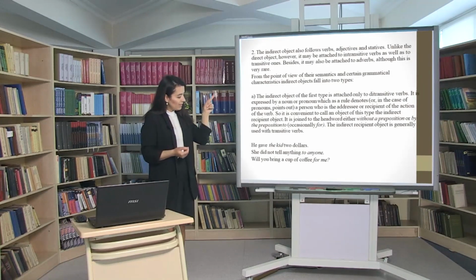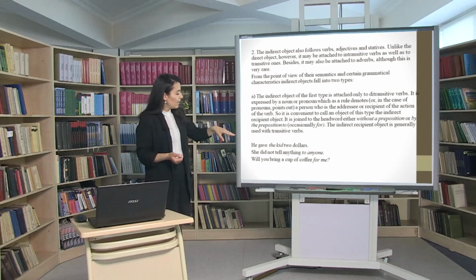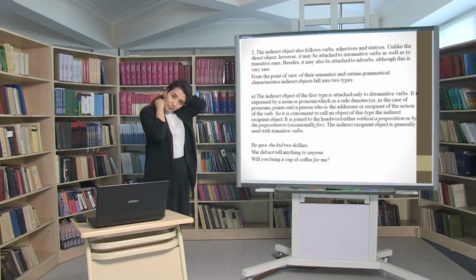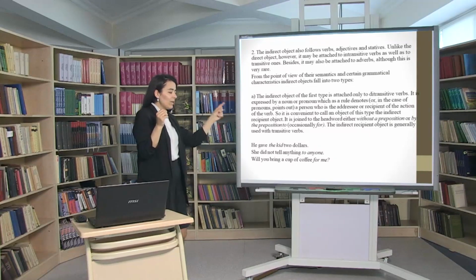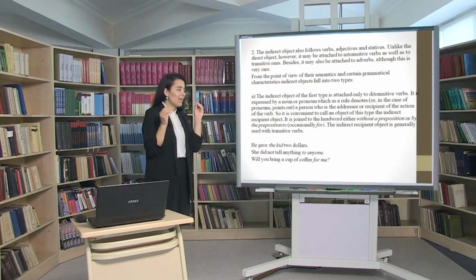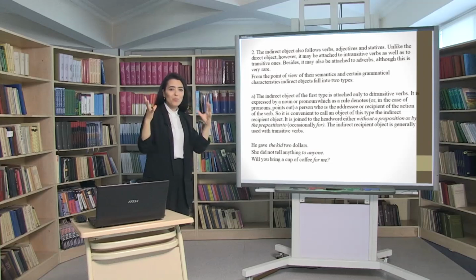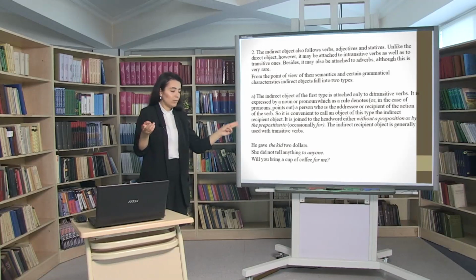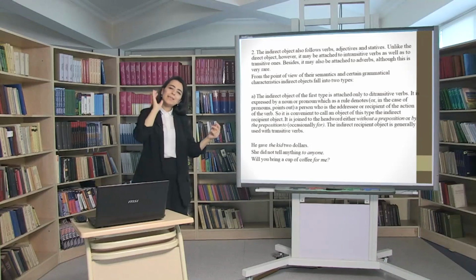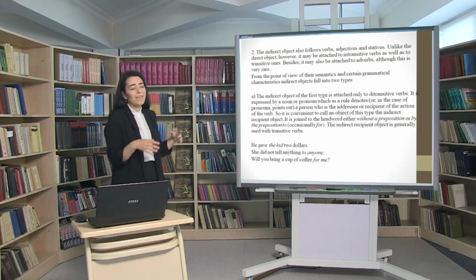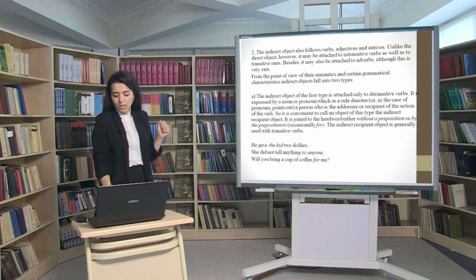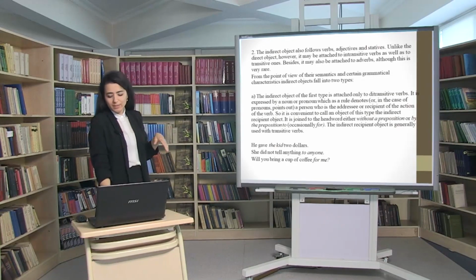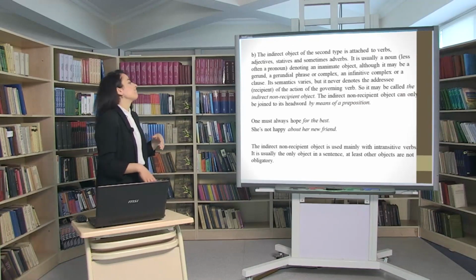You see that in the second sentence, to anyone, and in the third sentence, for me, it shows that prepositions are the most important factor to find the indirect object in the sentence. In the second sentence, to, and in the third sentence, for, is the main indicator of finding the types of object in the sentence.